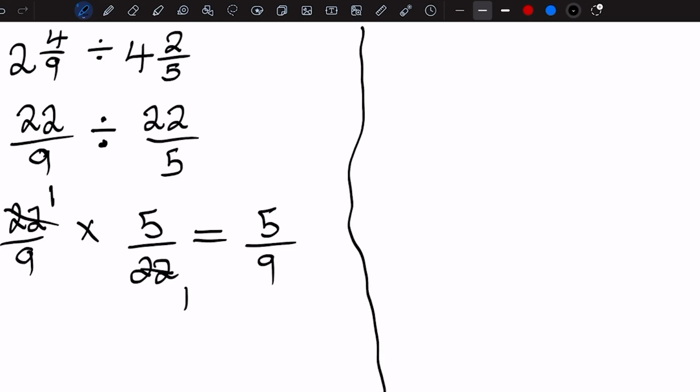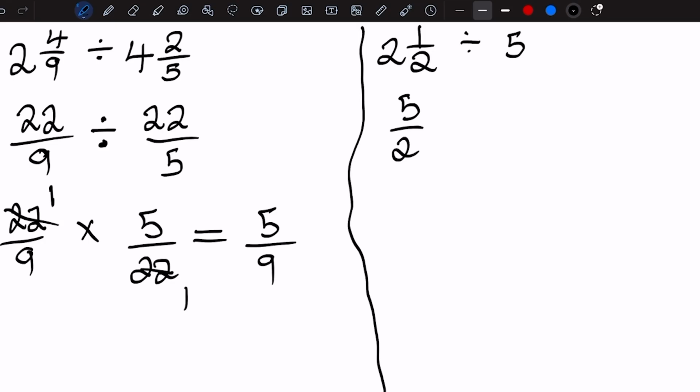Let's say we have 2 and 1 over 2 divided by a whole number of 5. So let's say we have that. Change the mixed number to an improper fraction. 2 times 2, that's 4, and 1, 5. 5 over 2.